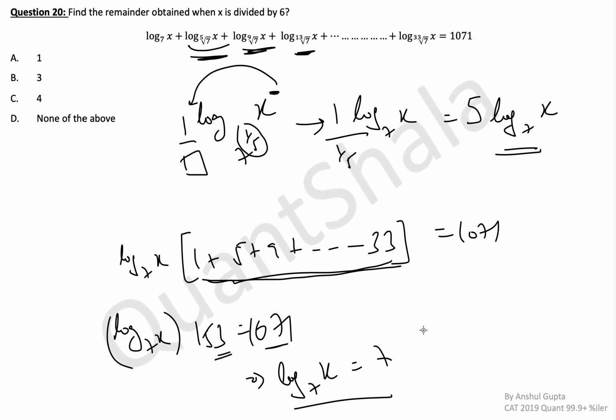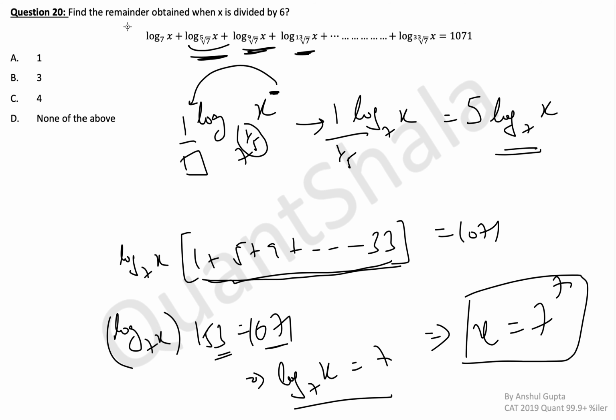Okay, and this means that x comes out as 7 raised to power 7. So they're asking us to find the remainder obtained when x is divided by 6. First and foremost you can see the base itself, 7 here, is greater than 6. So you divide this by 6 first to get the remainder, you get 1. So the remainder with 6 will be 1 raised to power 7, which comes out as 1.